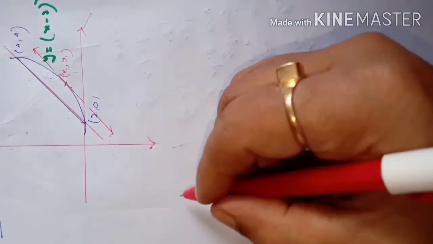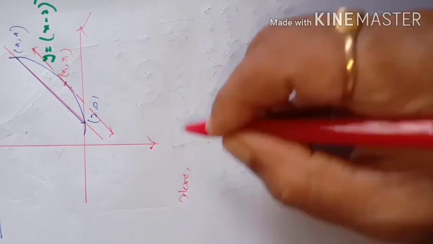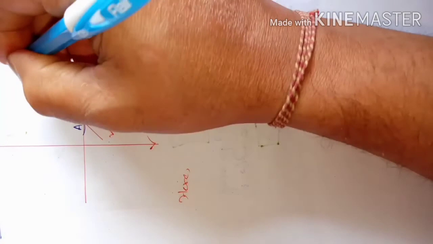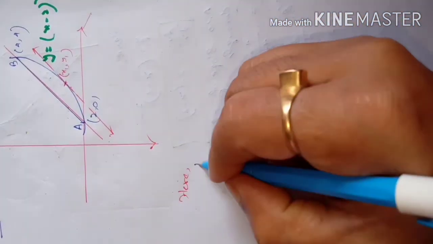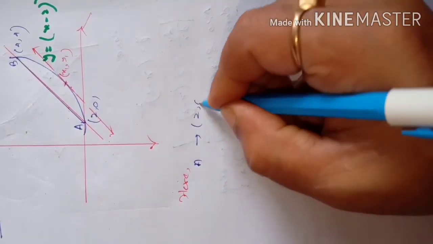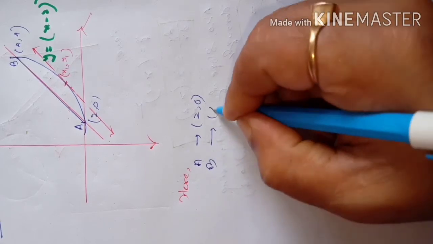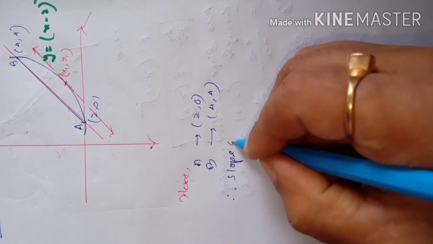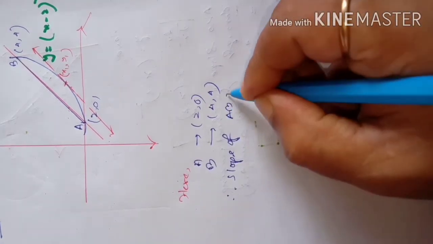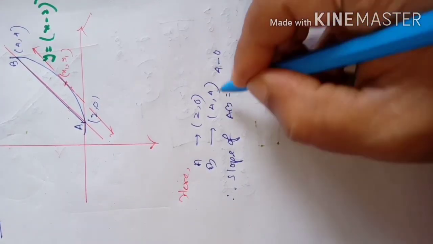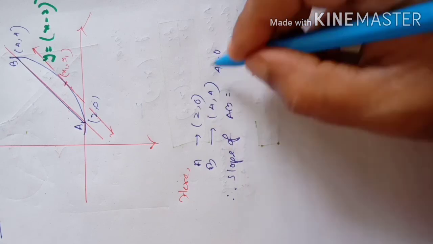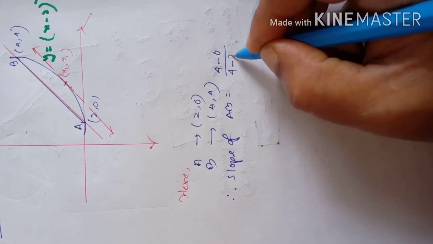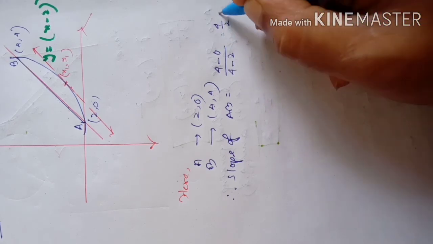Here the slope of chord AB, where A is 2, 0 and B is 4, 4, is y2 minus y1 divided by x2 minus x1, that is 4 minus 0 over 4 minus 2, which is 4 by 2, equal to 2.